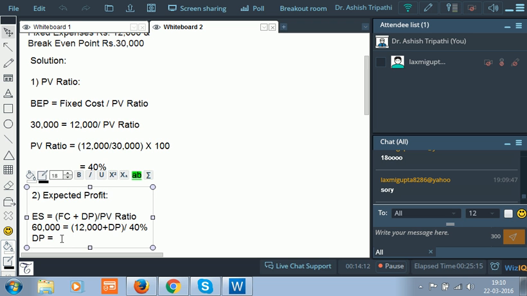So if we calculate this, suppose if we take 40% on that side, so it becomes 60,000 into 40% is equal to 12,000 plus desired profit.